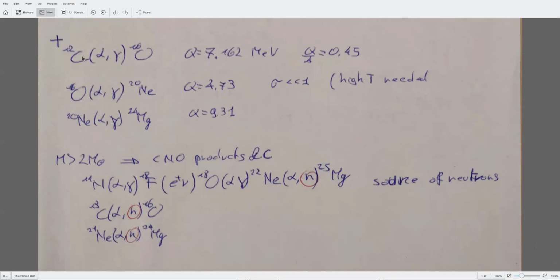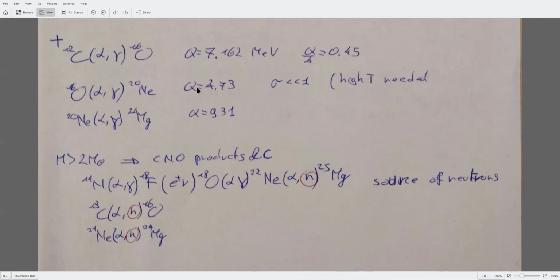If you consume the carbon with the helium and produce oxygen, this obviously happens when you have enough carbon inside. The production is not so big, a little lower than producing carbon. Then the oxygen can react, even with the alpha particle, the helium nuclei, to produce neon.